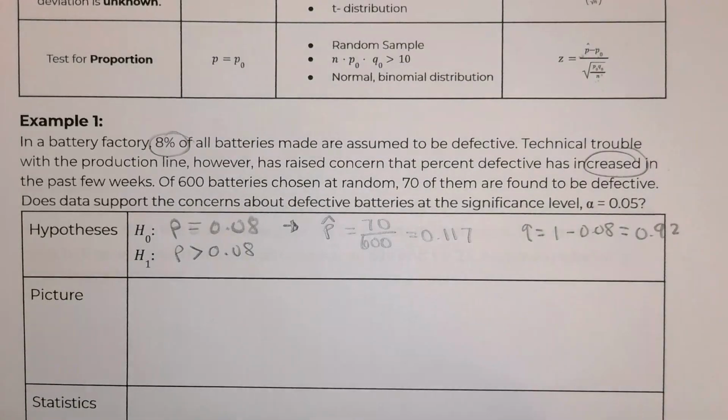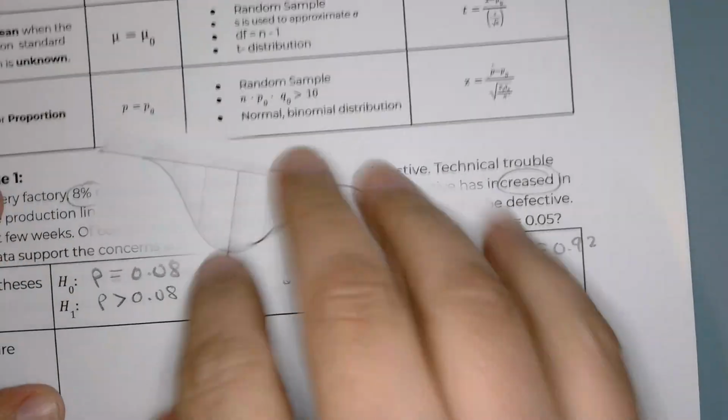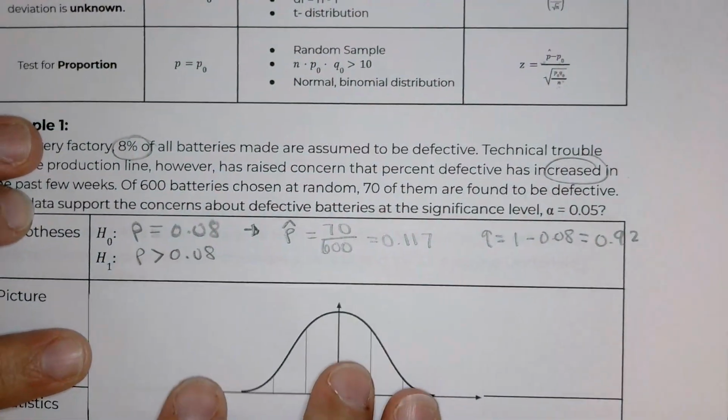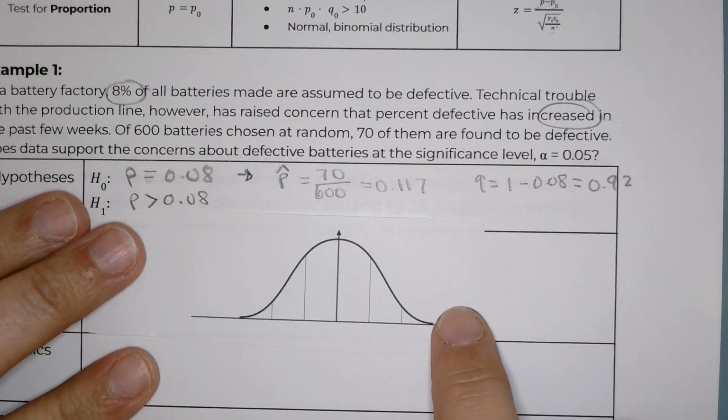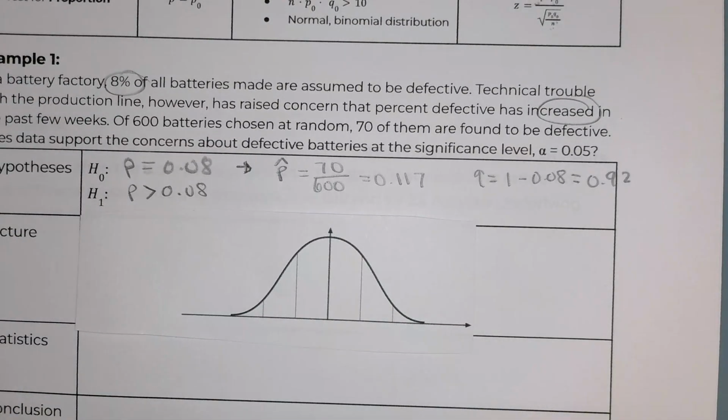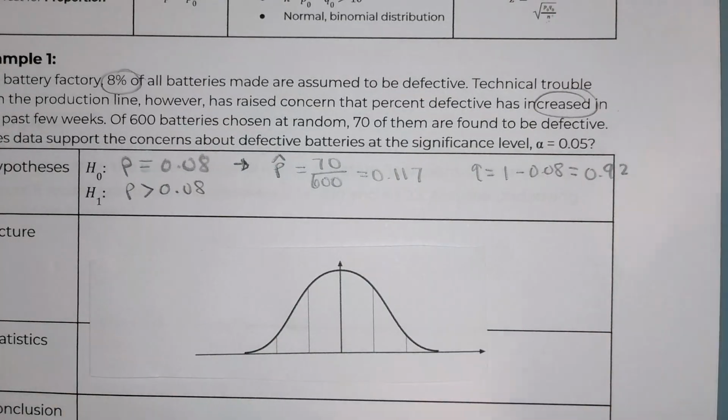Now, I printed off some bell curves, because mine are not very symmetrical, so I can do this for y'all a lot better than I have been. Let's look at what this means. We have a one-tailed test because it is a greater than.